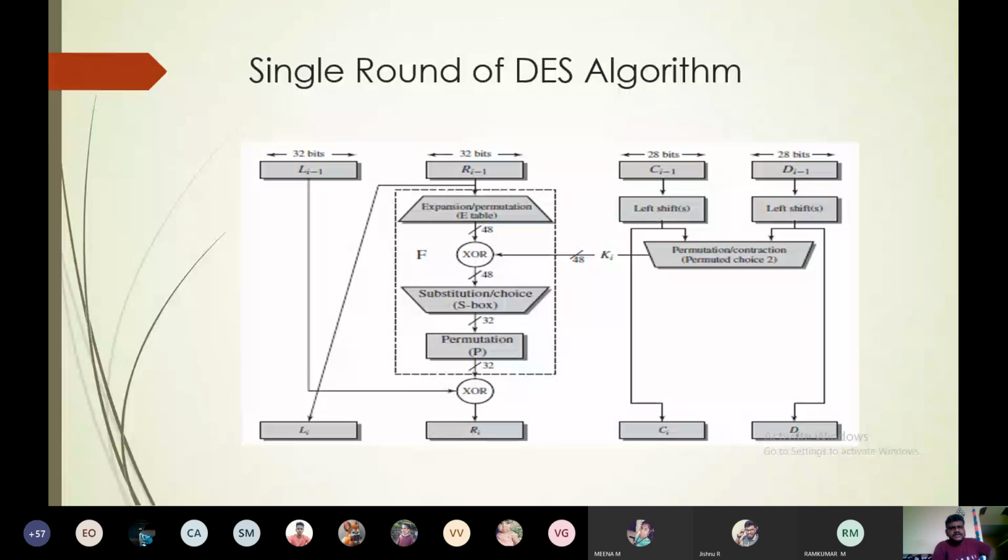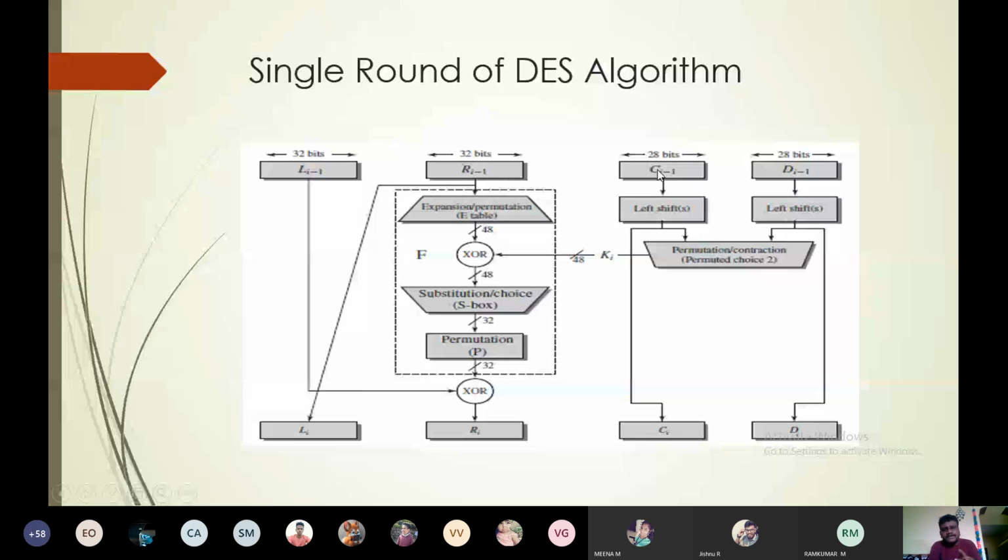This 56 bits is again divided into 28 bits and 28 bits, and I can name them C(i-1) and D(i-1). Clear? The second thing is the left shift. This left shift happens in both C(i-1) and D(i-1).